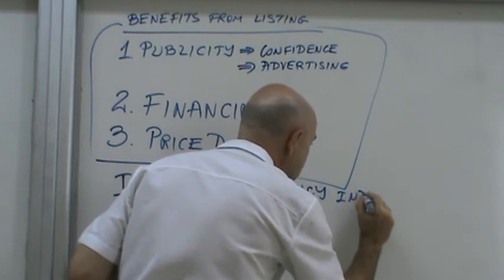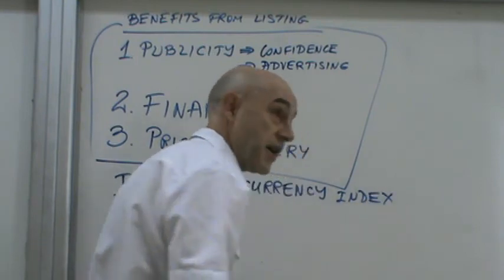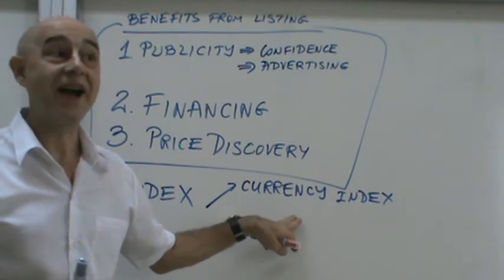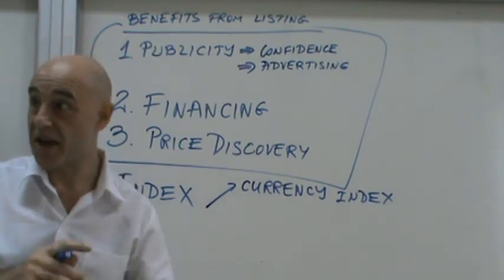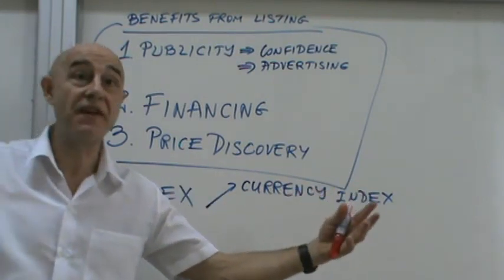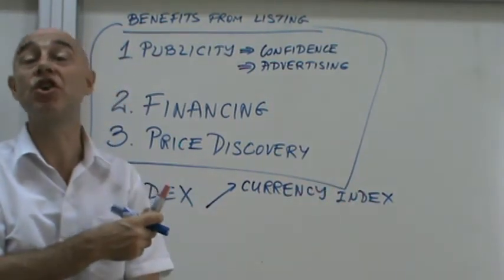So, you can have a currency index, which usually means an average of the value of one currency against maybe 3, 5, or 20 other currencies.